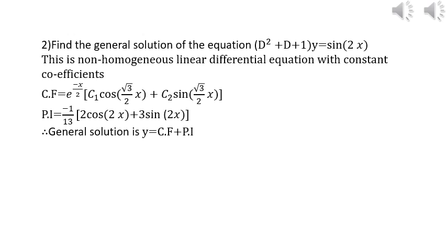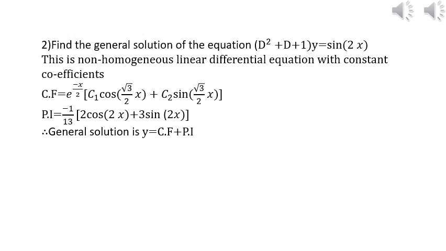So change the sign in any one place. Here I change the sign from minus 3 to plus 3. So multiply and divide by D plus 3. Then in the next step you must adapt the a plus b into a minus b formula, that is a square minus b square. Now the numerator is D plus 3 inside the bracket, sin 2x. Denominator, using the formula of a square minus b square, we get D square minus 9.